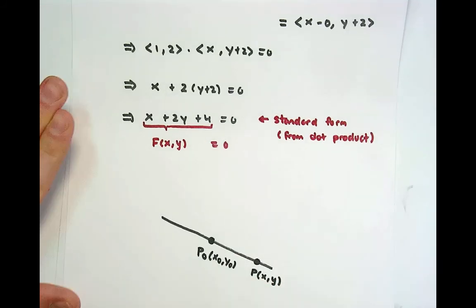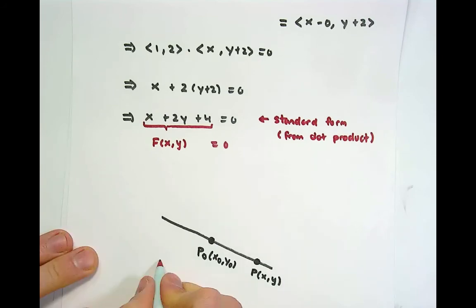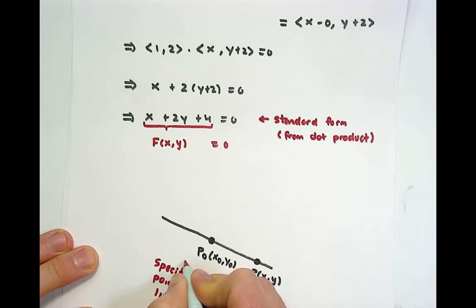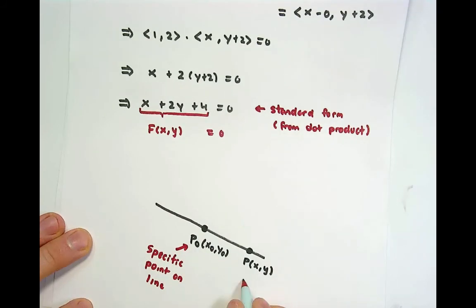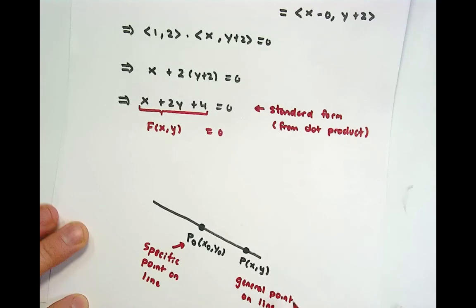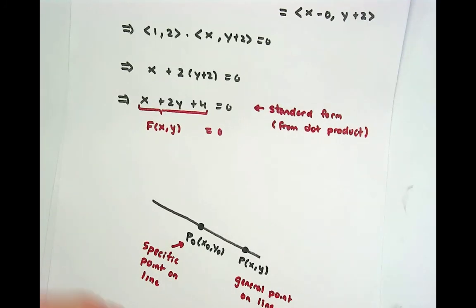This specific point is x naught, y naught. So I'll call this specific point on the line p naught. This is going to be some general point, the one that we want to collect. Every general point are the ones that satisfy the equation of the line.